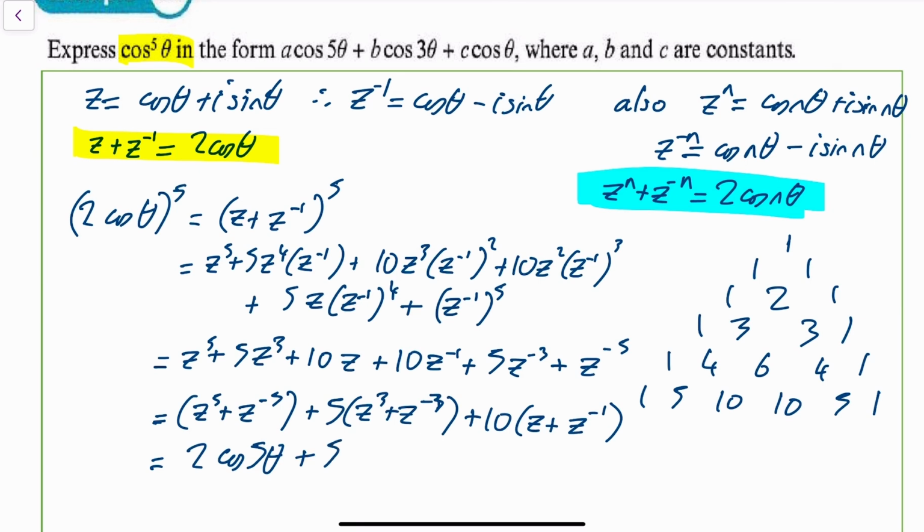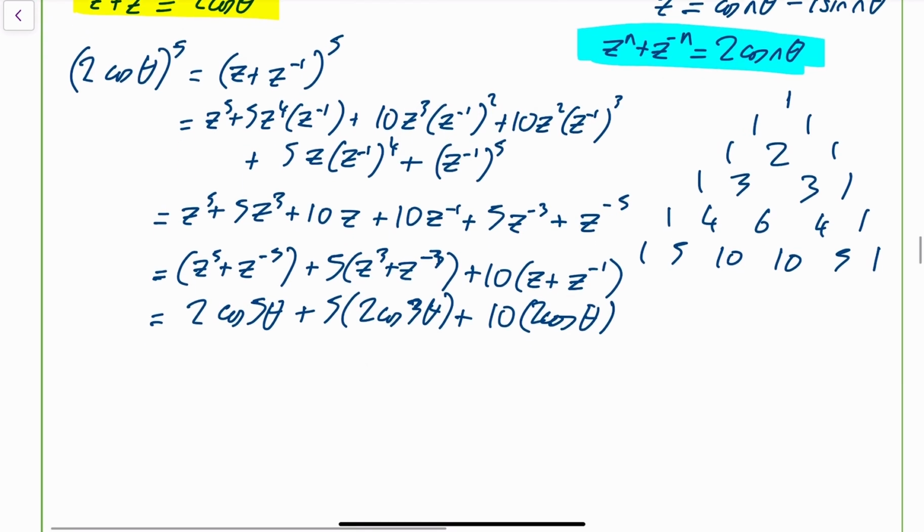This next one, we had a 5 outside it, and it was z to the power 3 plus z to the power of minus 3, which is going to be 2 cos of 3 theta. And then we have 10, and this is going to be times 2 cos of just theta. Okay, so we've got that sorted out.